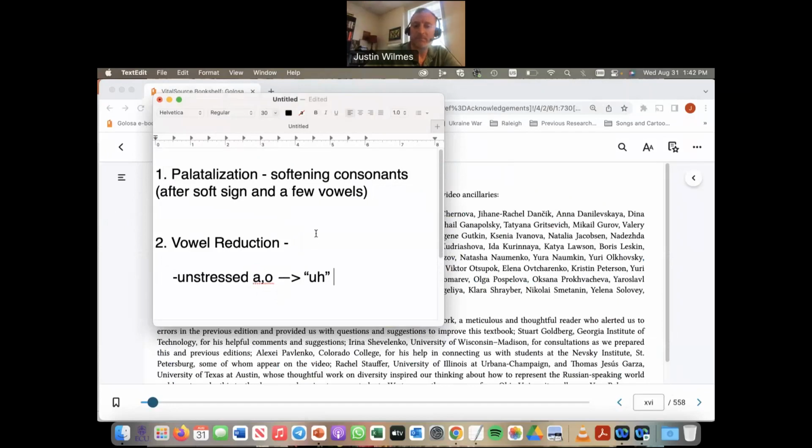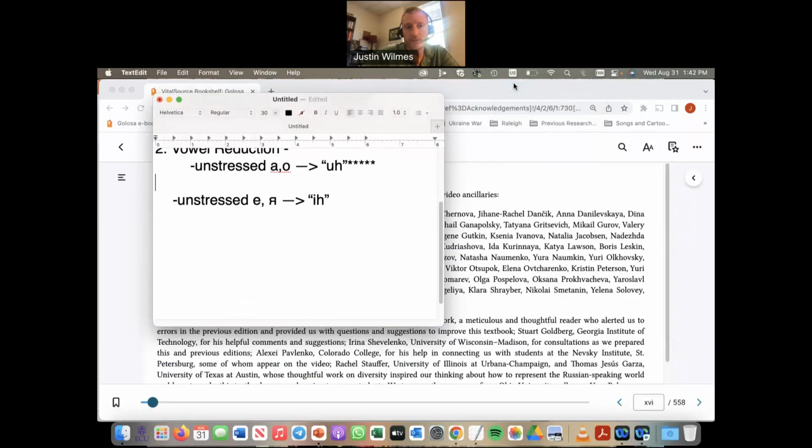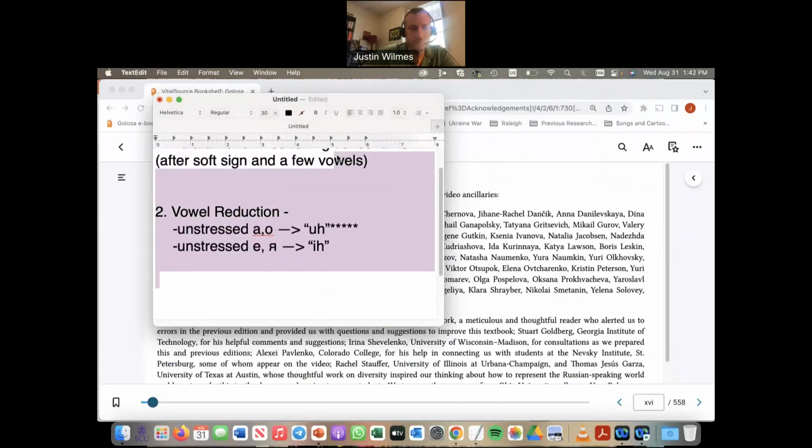Okay, that's by far the most important at this point. And there's also this situation we just mentioned with unstressed ye and ya, which end up becoming something like an e. Not quite as important at this stage, but try to learn it and do it right from the beginning.